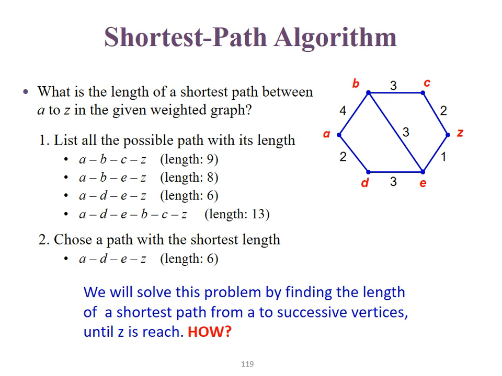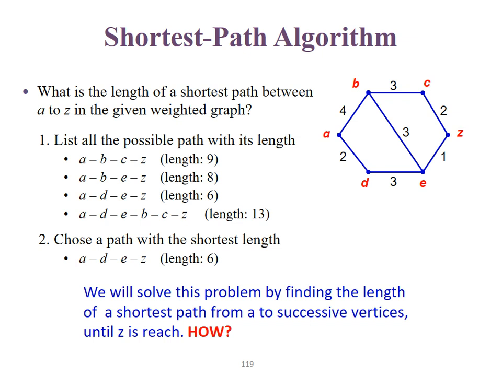We can choose the shortest path, the length 6, by A, B, E, Z. That is 2 plus 3 plus 1. So that will be the shortest path of length 6.